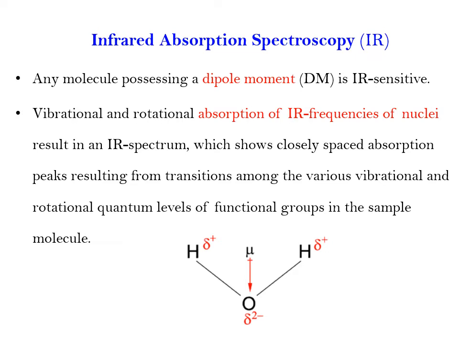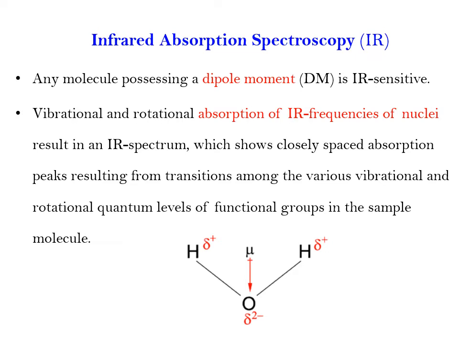So infrared spectroscopy is applied to a molecule that possesses a dipole moment. Any molecule possessing a dipole moment is IR sensitive, infrared sensitive. Dipole moment is a measure of polarity of chemical bonds within a molecule. It occurs whenever there is a separation of positive and negative charges.